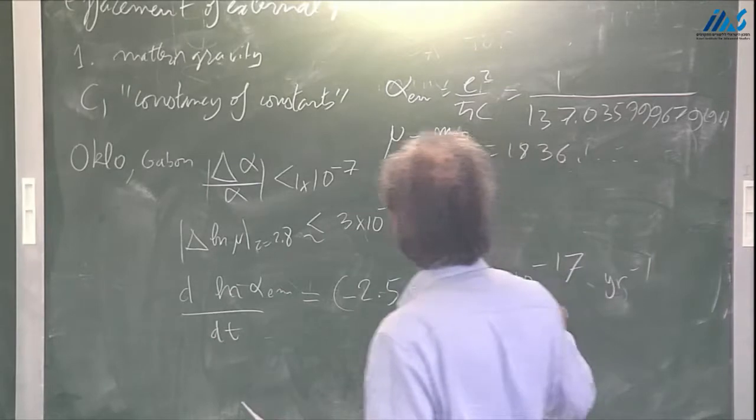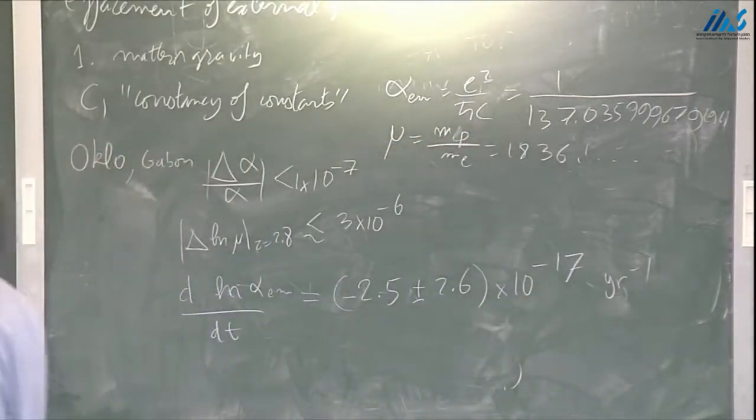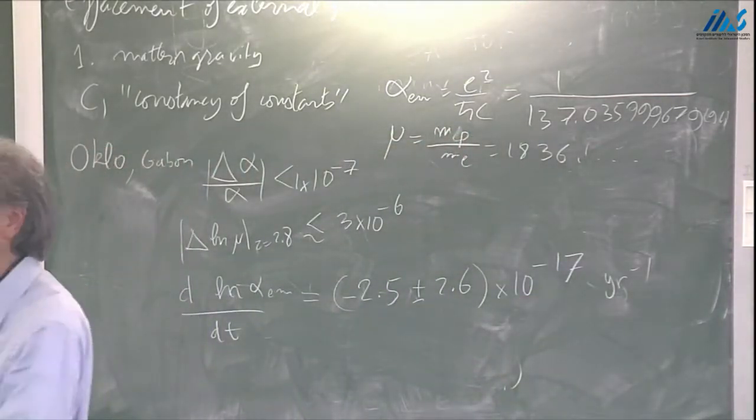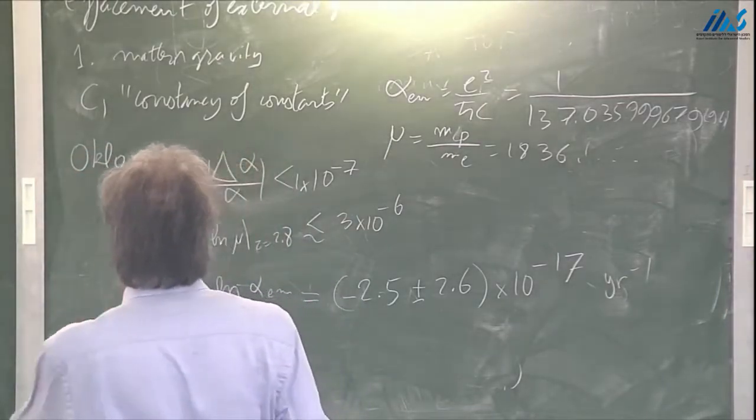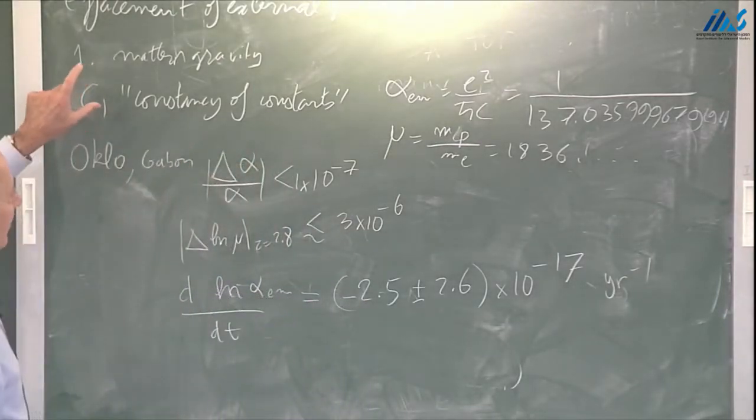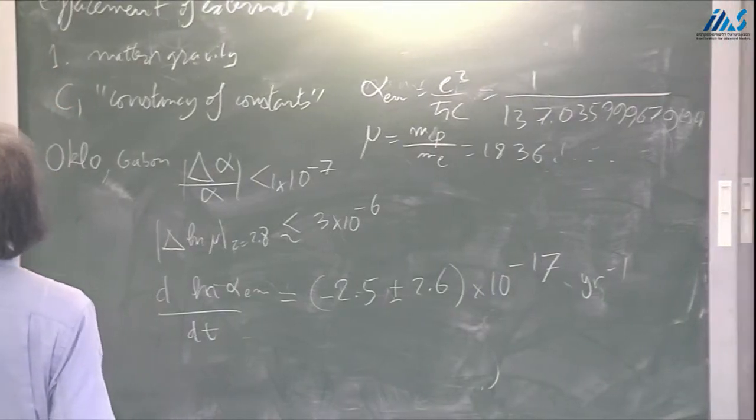So you see, it means that on the age of the universe, 10 to the 10 years, this is a part in 10 to the 7, okay? So it's really a very stringent limit. So this was a first consequence, okay?